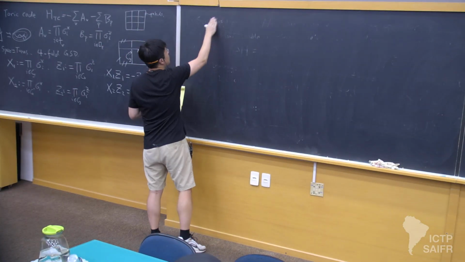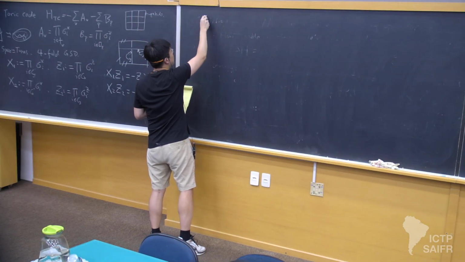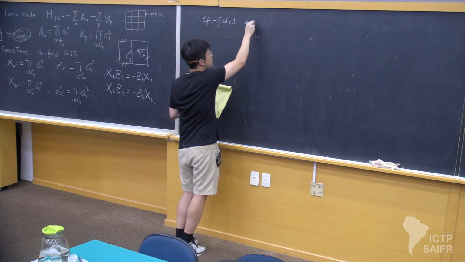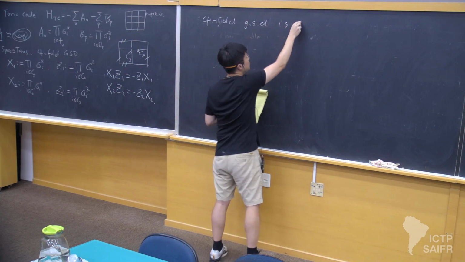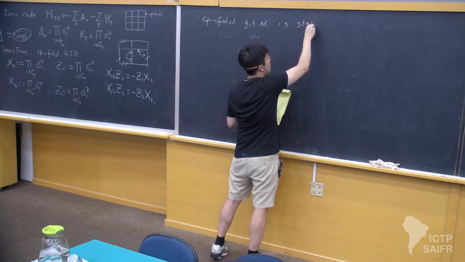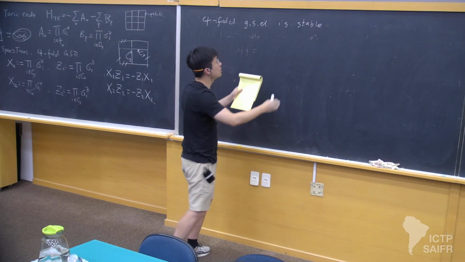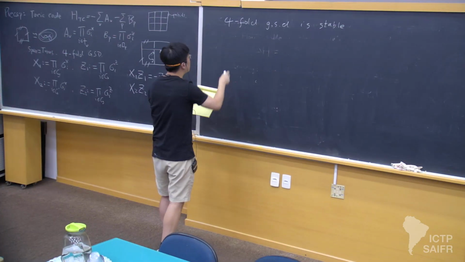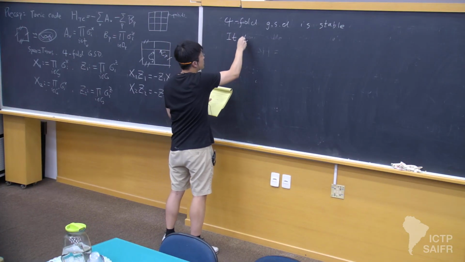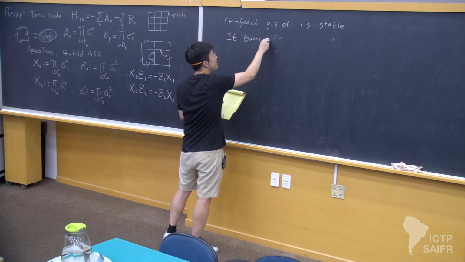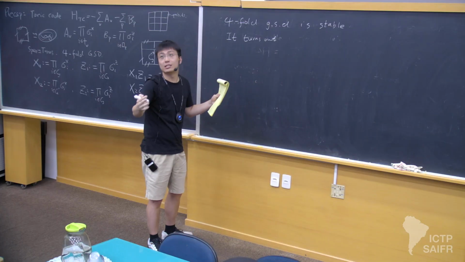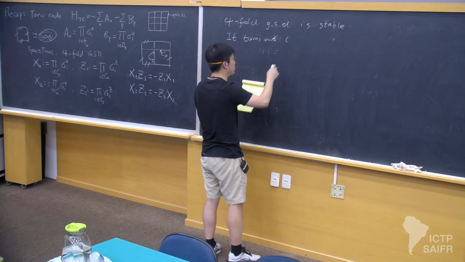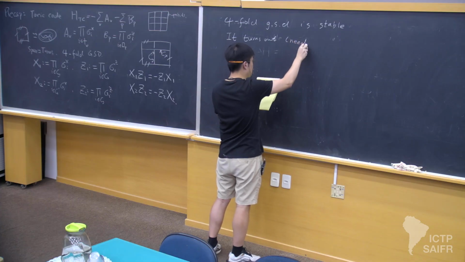Remember we said this fourfold ground state degeneracy is stable against small perturbation. It turns out, and I'm just going to tell you the fact, I'm not going to tell you why it's true, because this needs a lot more work.